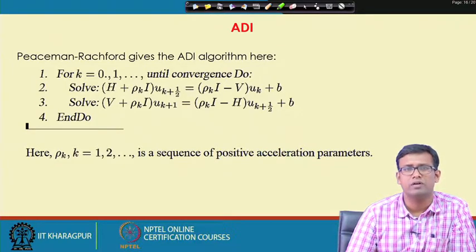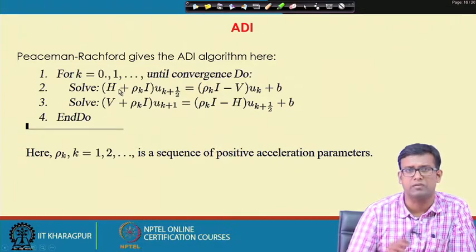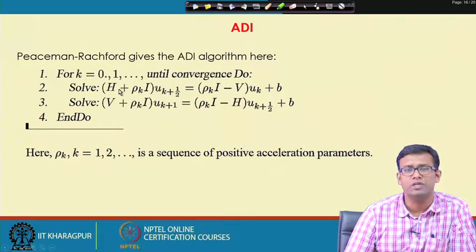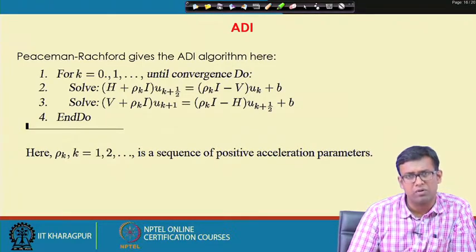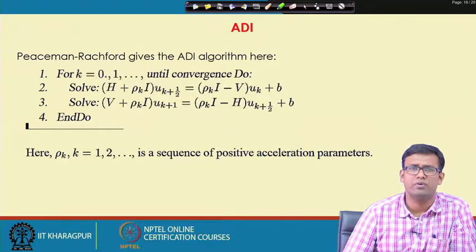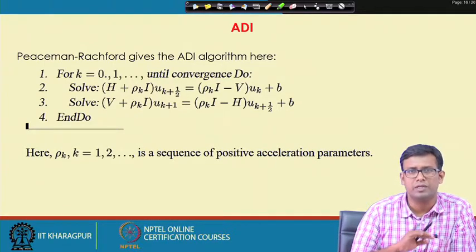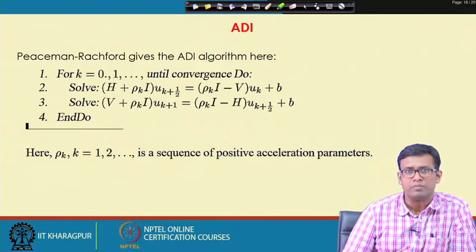It will have similar properties, where the convergence will be limited by the matrix and how these matrices are being split in H and V etcetera. So, we need something to make the convergence faster or accelerate the scheme. So, rho k is used. You can very well go ahead with rho k is equal to 0, which will be the ADI method that we have discussed before.